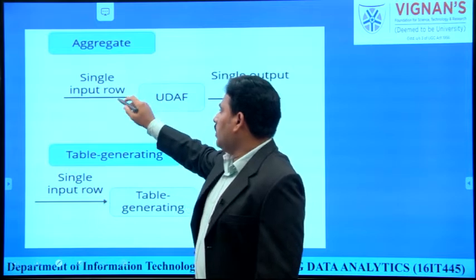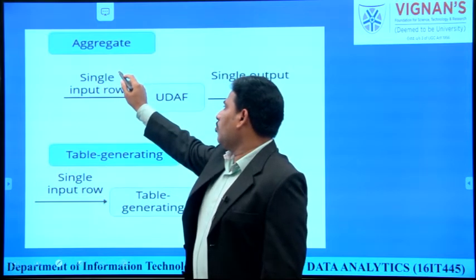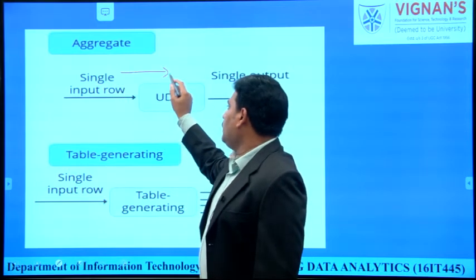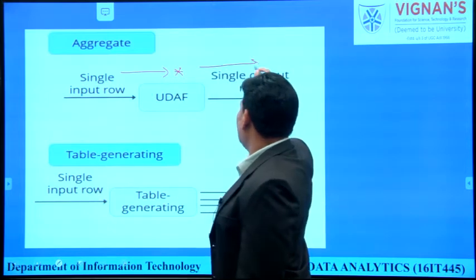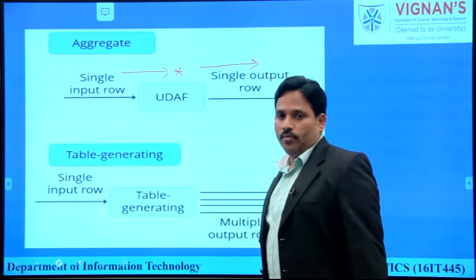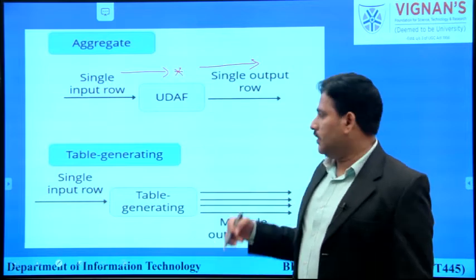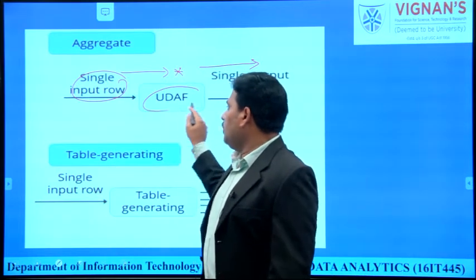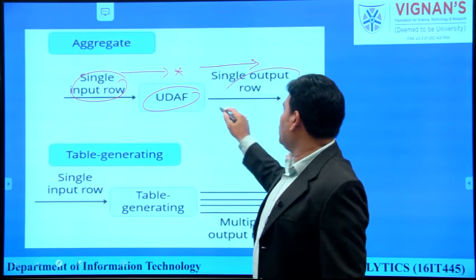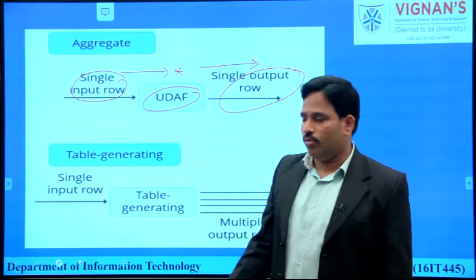It will take one input row from the table, apply the UDF function and the result will be reflected on the concerned row. At a time it will take a single row and supply it to the UDF function and you will get a single output row.